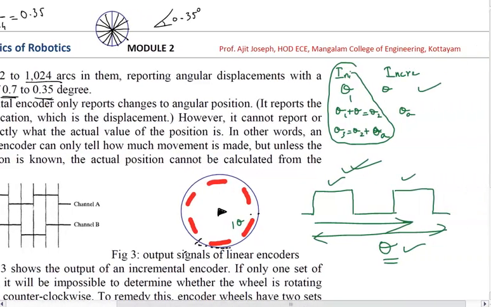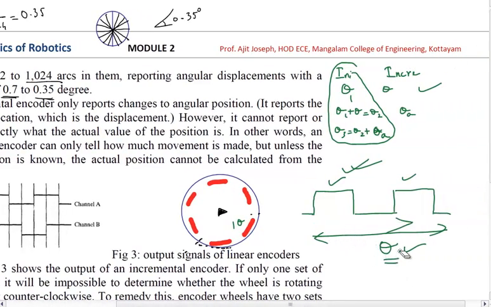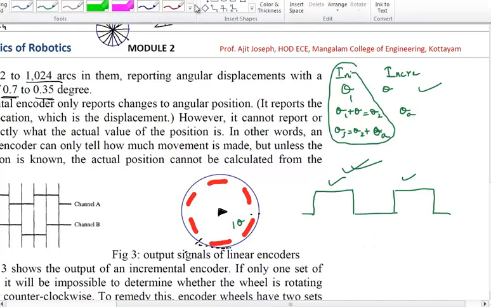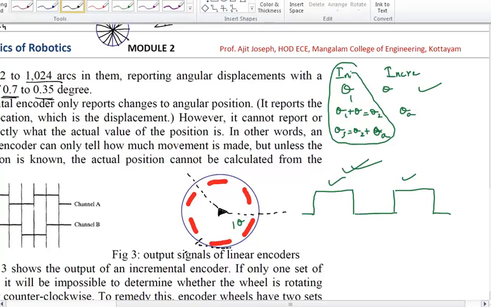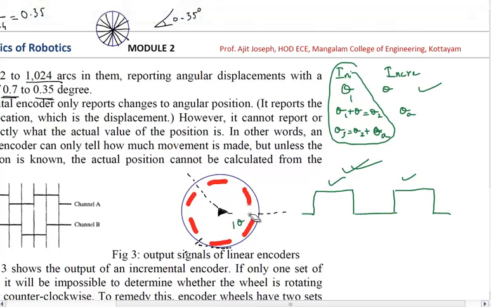Let me rub this one properly. Now suppose I am going to have the starting point, again it is going to be this point, and instead of rotating 120 degrees in the clockwise direction, it has gone in the anti-clockwise direction and it has gone here. Okay, let me again draw this one very clearly.